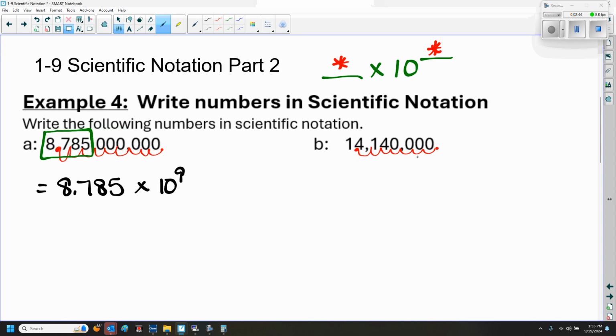We want to move the decimal to the left until we get to a number that is greater than or equal to 1 and less than 10. So this is going to give us 1.414 times 10 to the 7th power.